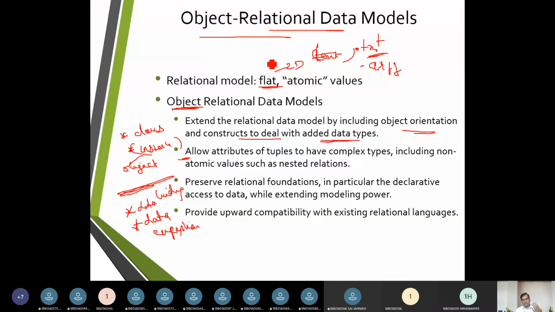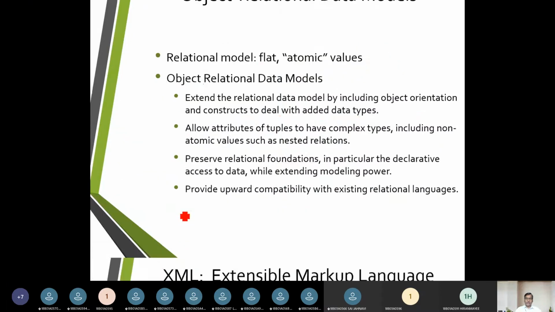So there are different abstract data types, and the data binding or encapsulation is going to deal with private, and make it very specific with public, etc. So all these aspects are going to be part of this model.